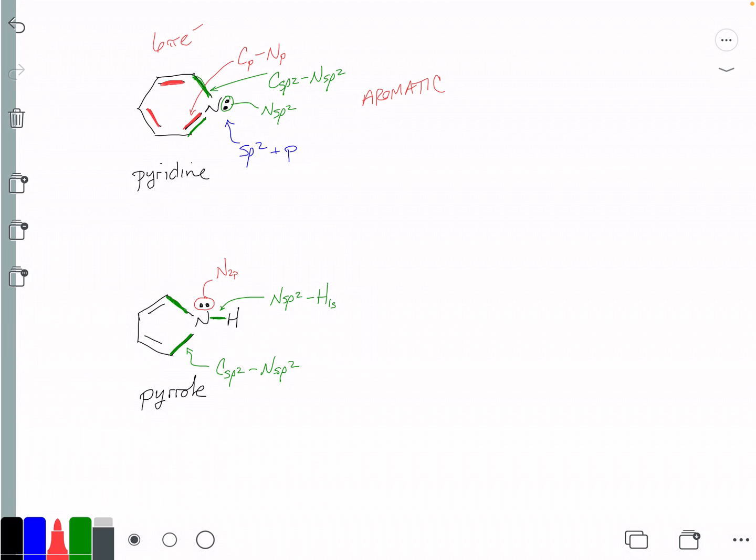It's just a p orbital. The carbons over here and over here have overlapping pairs of p orbitals. And so if I think about that nitrogen being sp2 hybridized, and those pair of electrons being in the p system, now I've got, again, a system with ring shape, continuously overlapping p orbitals, and a Hückel number of electrons, also aromatic.